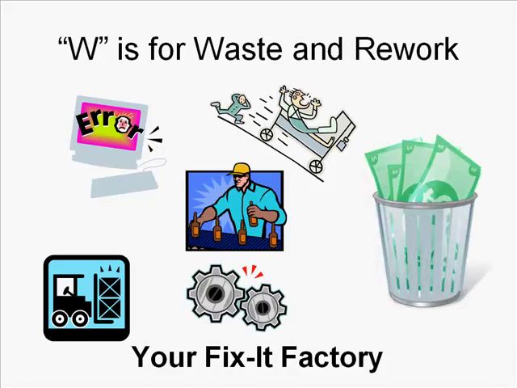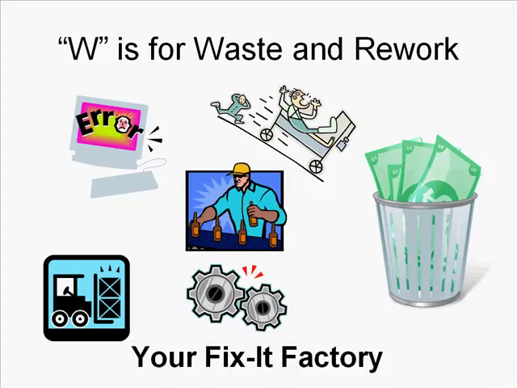These problems devour 1/3 of most companies' resources. This is your fix-it factory. It employs up to 1/3 of all of your people. These types of problems are most easily resolved with the magnificent 7 tools of Six Sigma. And I'll talk about those in another video.